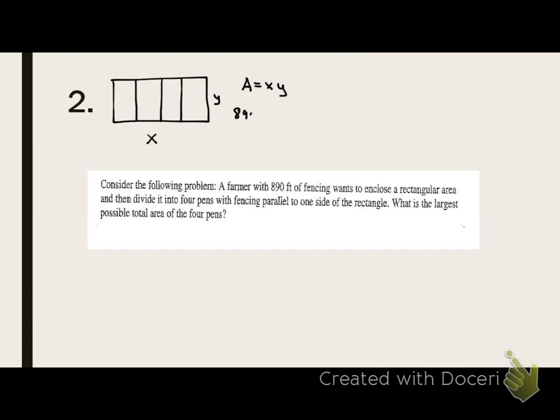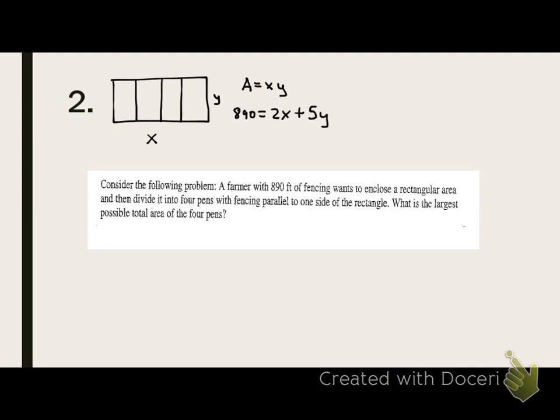890 feet of fencing equals, how many x's are there, guys? 2x, and you're not going to make the mistake again like on the quiz. How many y's are there? Look up on the screen. 1, 2, 3, 4, 5 y.